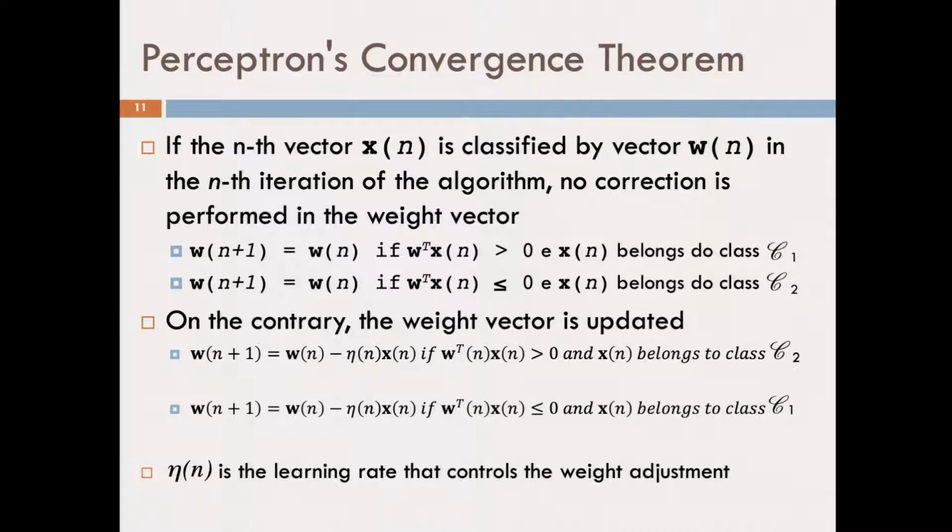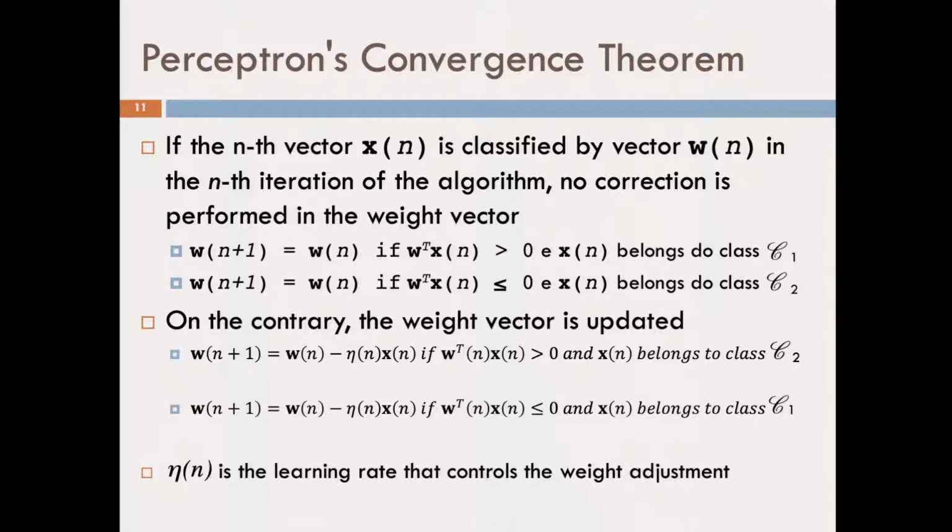So during training, if we give an input instance to the perceptron, and the instance belongs to the positive class, but the perceptron gives a negative class, then we have to correct the weights using a learning rate, as I explained yesterday.